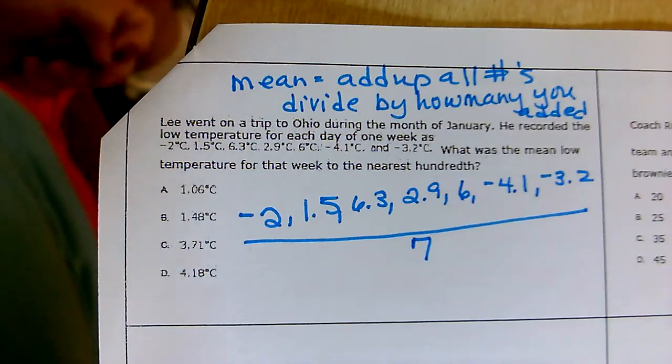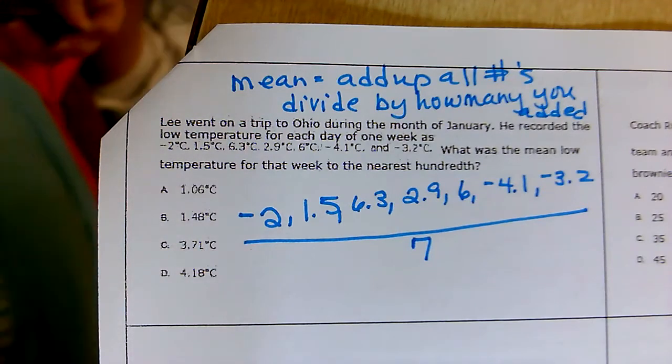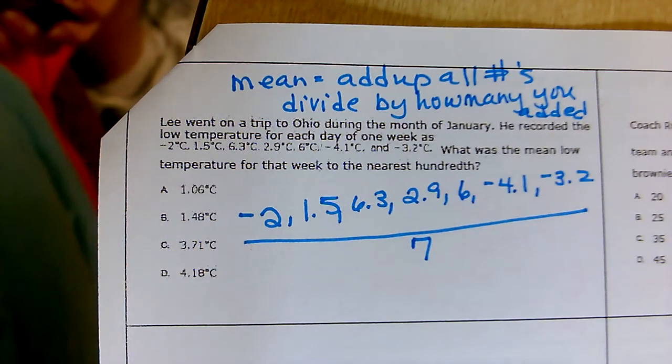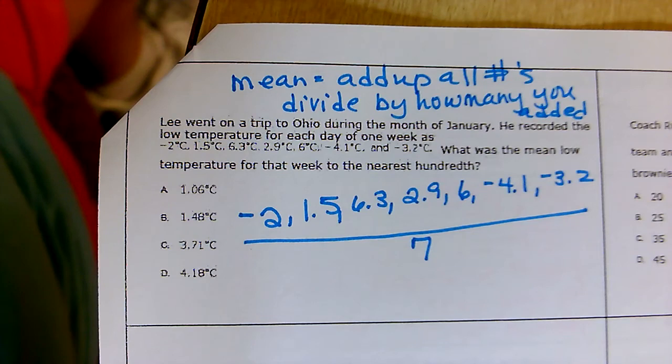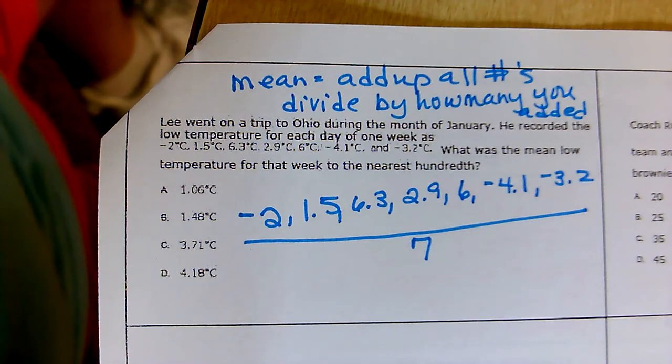This will be calculator inactive. So here's the strategy I want y'all to do: add up the positive numbers and then add up the negative numbers, because all you do is add. So add up 1.5, 6.3, 2.9, and 6, and then add up a -4.1, a -3.2, and a -2.